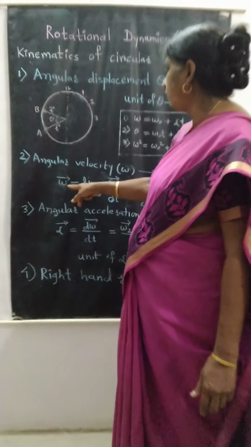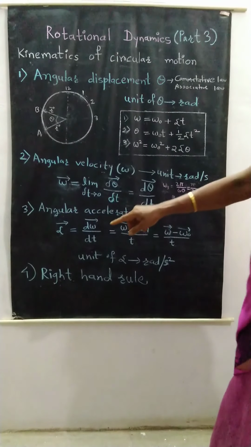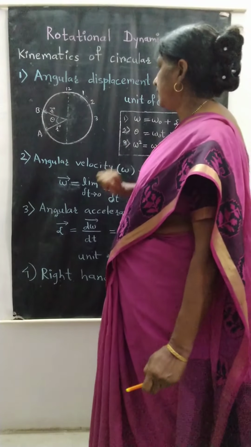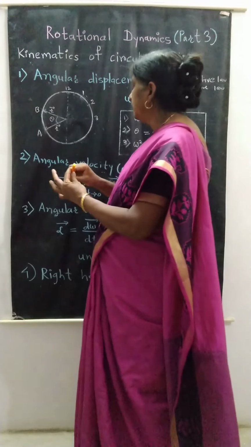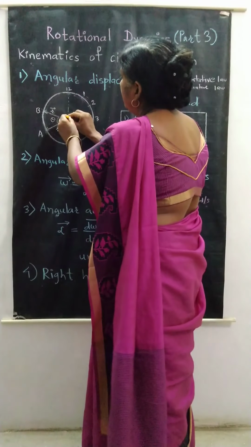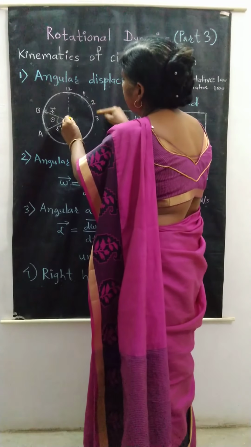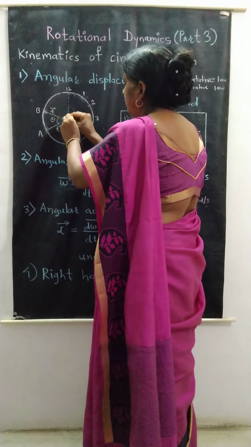The direction of omega is always perpendicular to the plane of the circle in which the object is rotating. Suppose this is the axis of rotation and the particle is performing circular motion in this manner or in the opposite sense also.